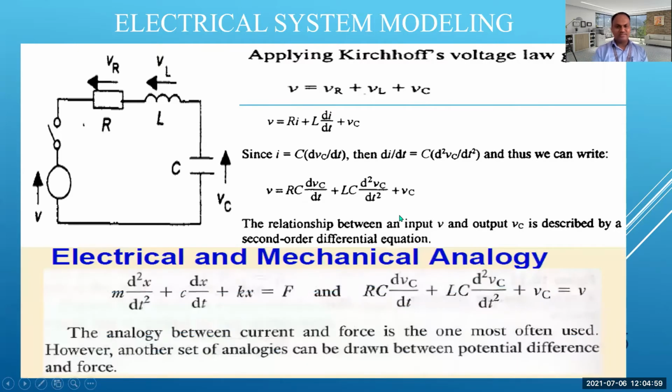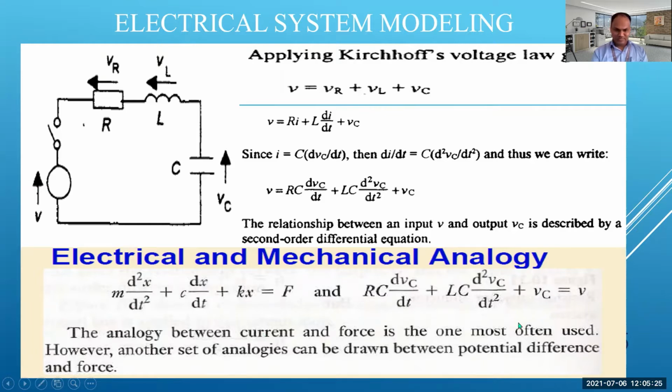Now we'll see the electrical and mechanical analogy between the equations. We know in case of spring mass damper system we have derived this formula: m d square x by dt square plus c into dx by dt plus k into x is equal to force. Where x is the displacement and dx by dt is the velocity.